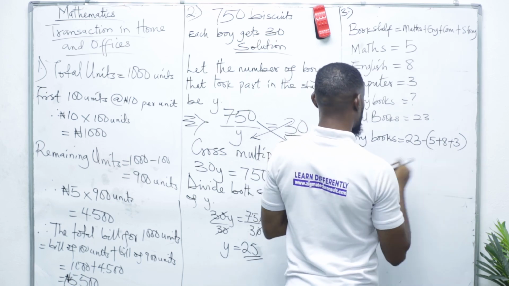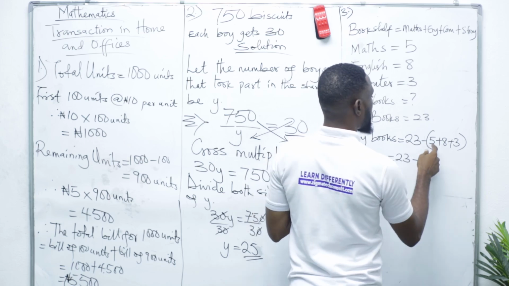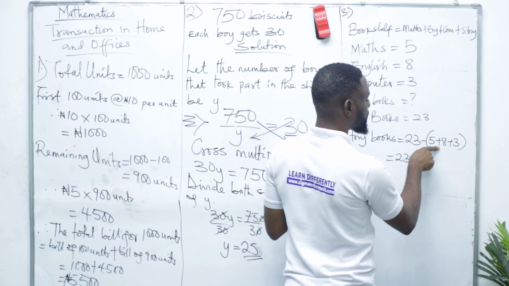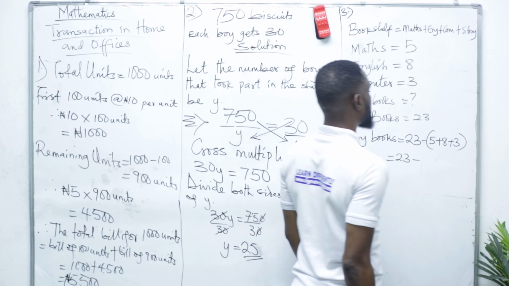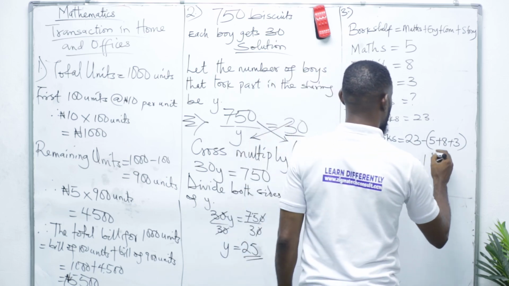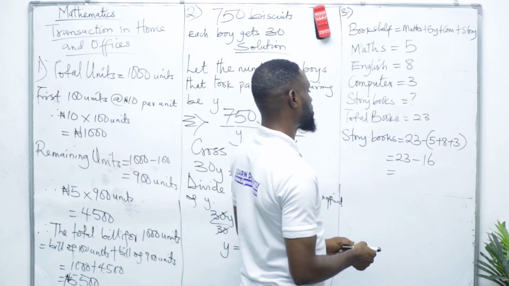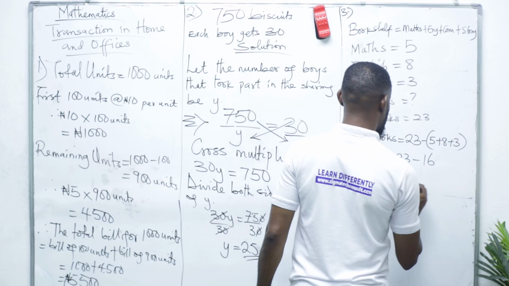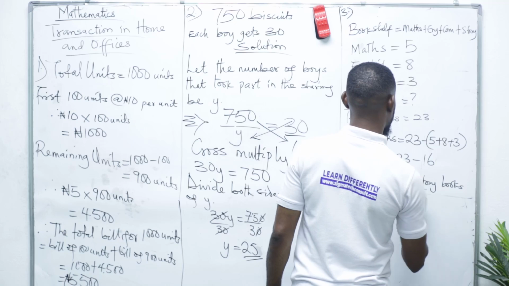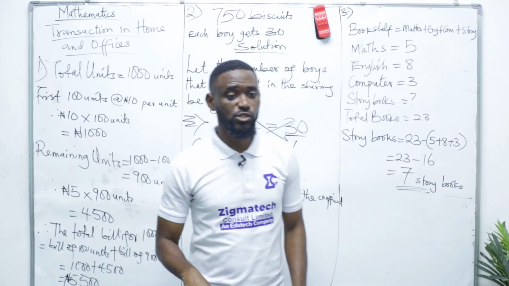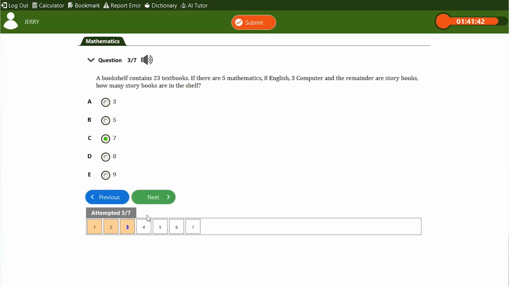All right? So this will be equal to 23 minus 5 plus 8 is 13, right? 13 plus 3 is 16. So 23 minus 16 should give us 7 storybooks. So 7 storybooks are in the shelf, option C.